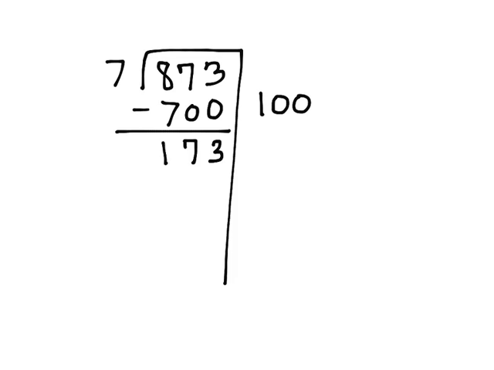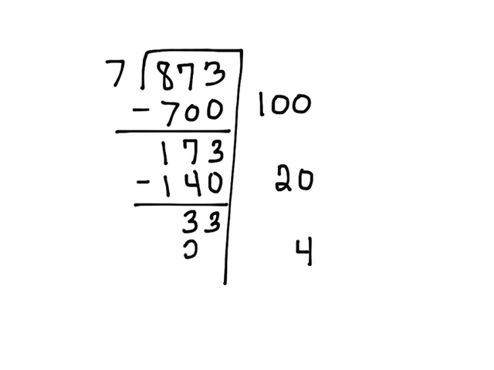Well, I know I can get close to 173. I can actually go 20. Because I know 7 times 2 is 14, but 7 times 20 is 140. Subtract 33. All right, so now I know 7 times 4 is 28.